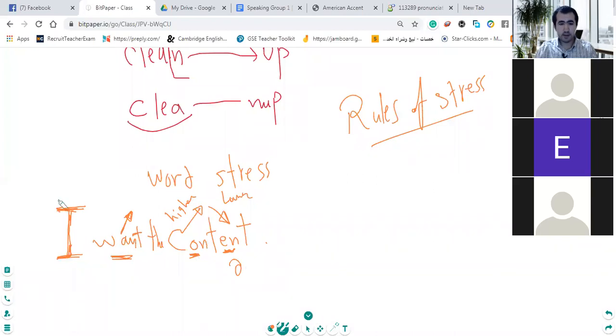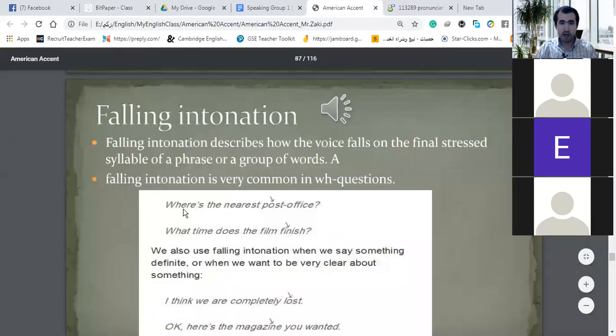So in one sentence, not every word is stressed. Some words are stressed, some words are not. Some words have higher intonation, some words do not. So within the question, we have things that we stress and things that we don't stress. And this is what makes the intonation.